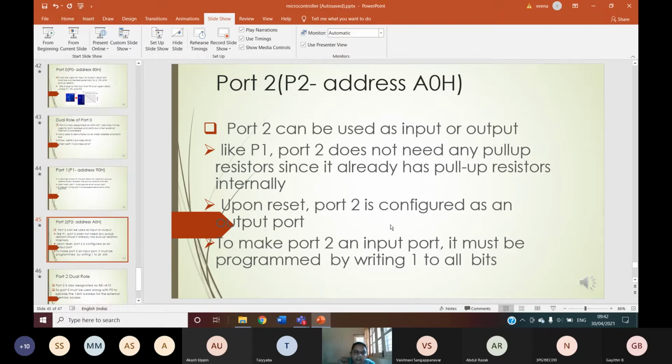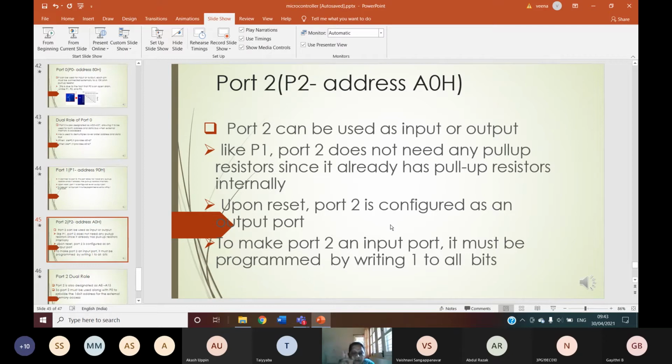The dual function of port 2: it is used to send the higher order address whenever you are accessing the external memory. The higher order address bits are sent on the port 2 lines, and the lower order address bits are sent on the port 0 lines.